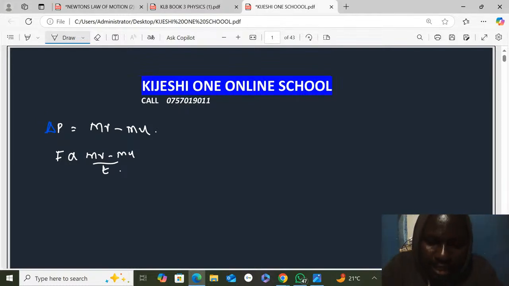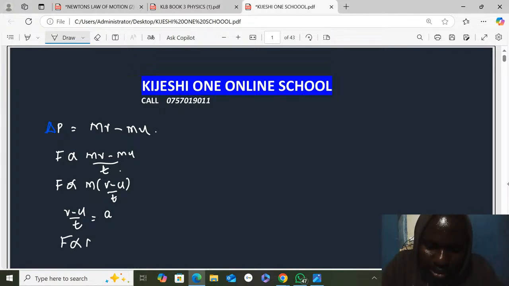And since the m is a constant, we can factor it out, where we can say F is directly proportional to m into v minus u over t. But we know that v minus u over t is the same as acceleration. Therefore, we'll say that F is directly proportional to mass times a. So you substitute v minus u over t with a.